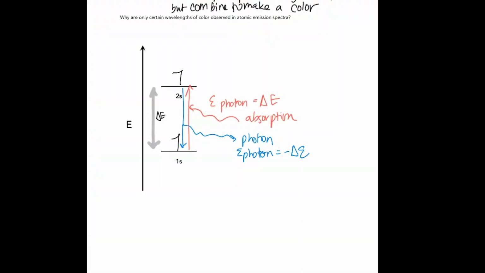Now, how do we know that the energy of a photon will be equal to the energy difference between the two states of an electron? This is because of a concept called quantization. Do you remember back when you learned how to draw electron configurations? The electron could only go into the specific circles that represented particular orbitals.